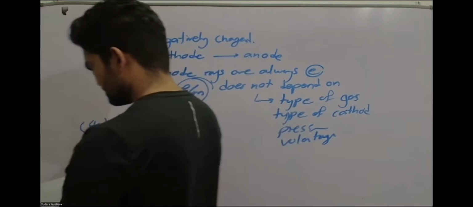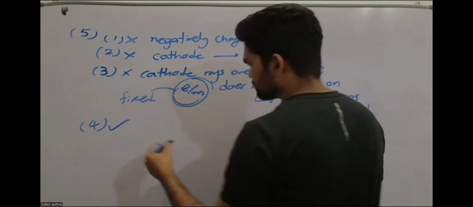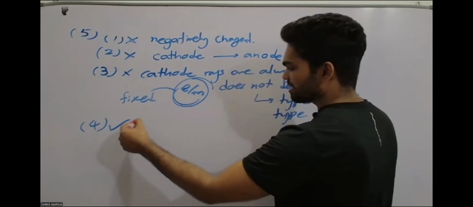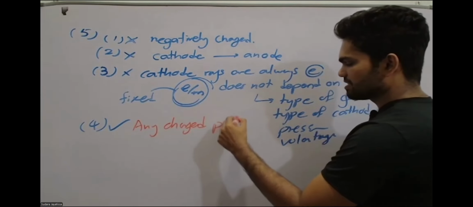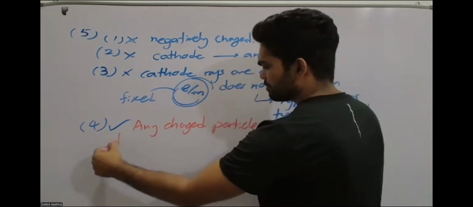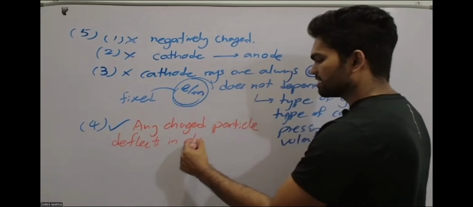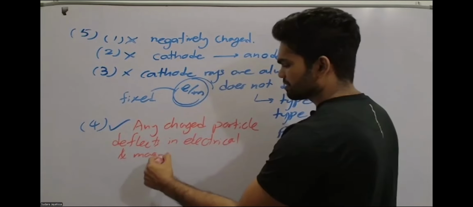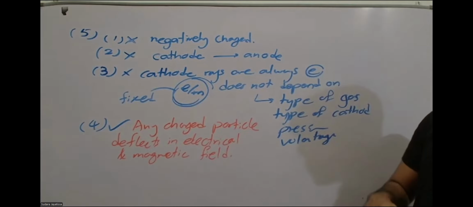Let's go to the fourth. Their direction of travel is affected by magnetic and electrical fields. That is true. You can write our favorite sentence, which we kept writing in our earlier classes: any charged particle deflects, or changes its path, in electrical and magnetic fields. So you can remember the deflections.